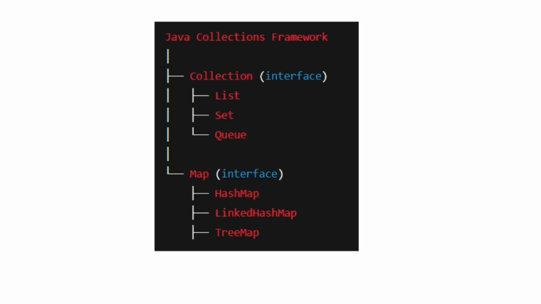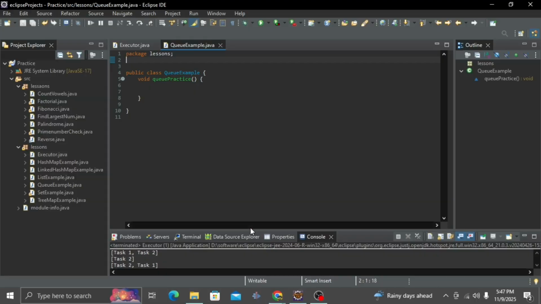So let's see how we can implement a queue in Java. Let's see how we can create an object using queues. Queue is a kind of interface.